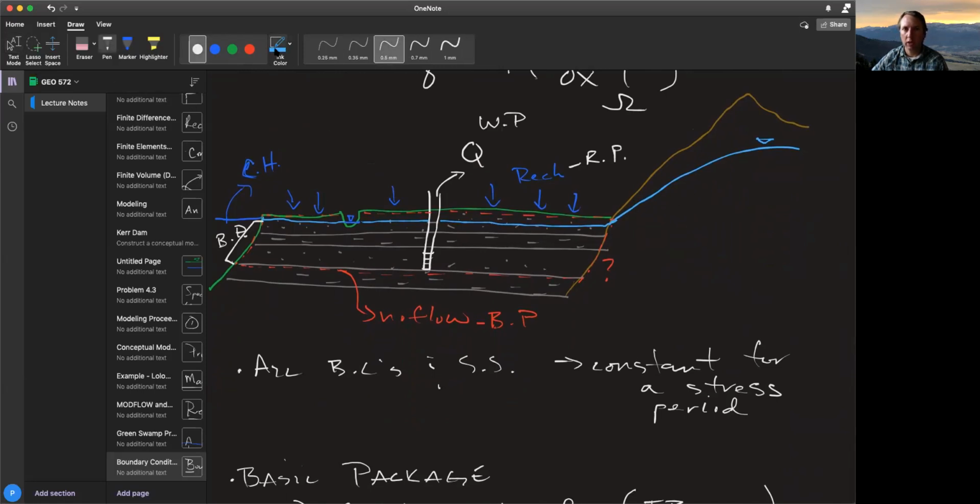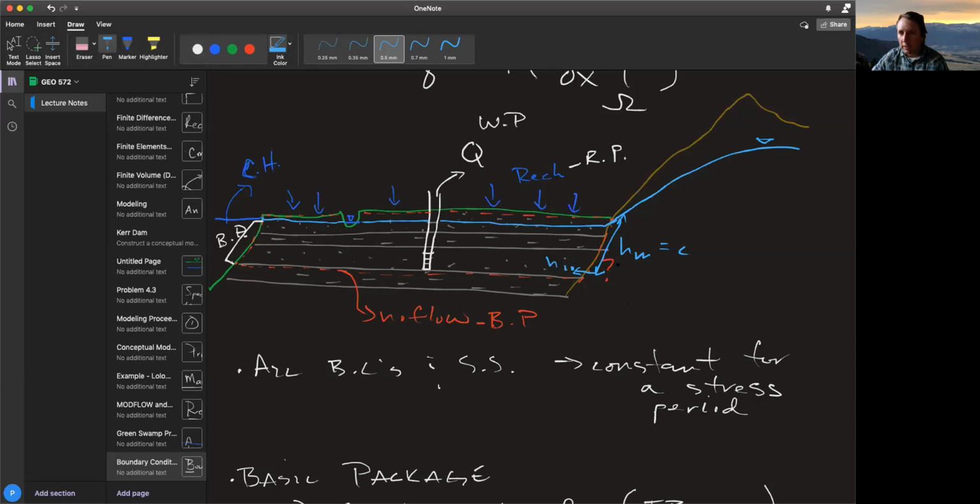It's got a lot of water, and the head inside the mountain right here near the boundary, I'm going to call that H sub M. The head inside the mountain right here, H sub M, is basically constant, and it will transfer water into the model domain, H sub I.